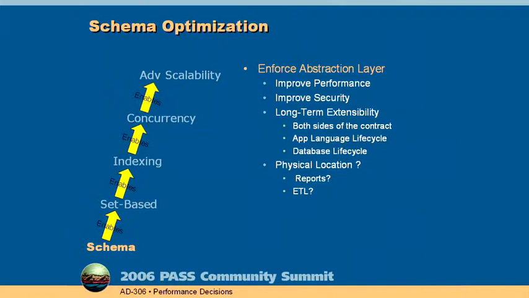I personally prefer doing it in stored procedures because only then can the abstraction layer be truly enforced so that ETL processes, extract, transform, load, and reports, and every other thing that connects to the database can always use the abstraction layer. An abstraction layer that's there only for the front-end client but ignored for all reports and ETL processes is not truly an abstraction layer.